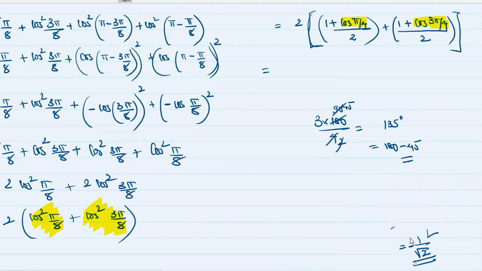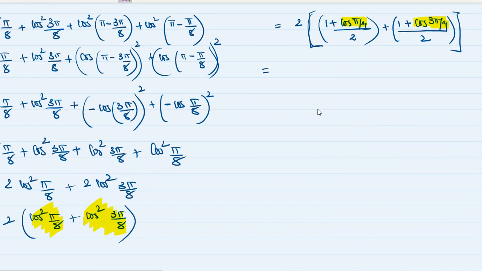Okay, let's simplify this. One plus 1 by root 2 by 2 plus 1 minus 1 by root 2 by 2.